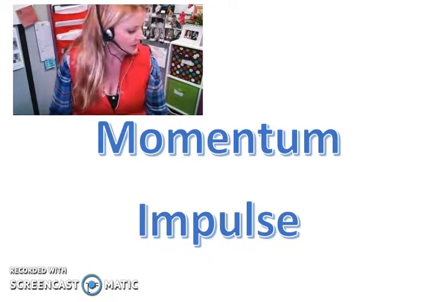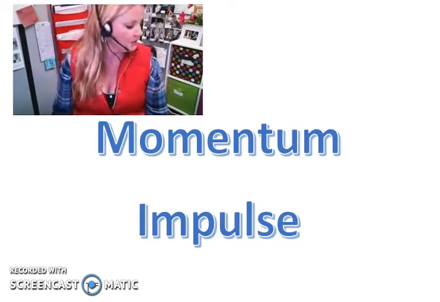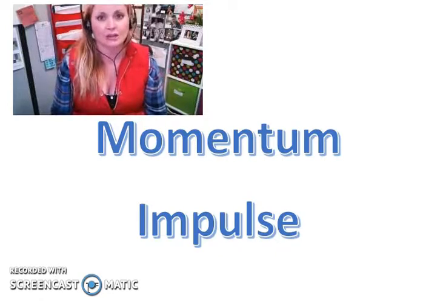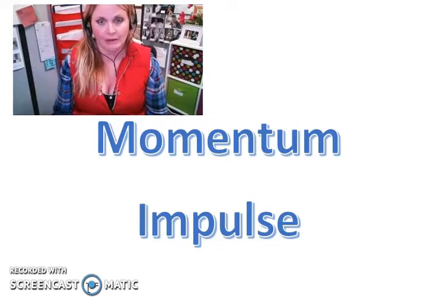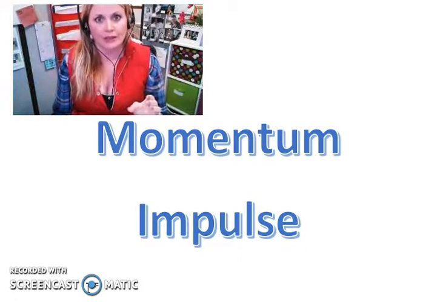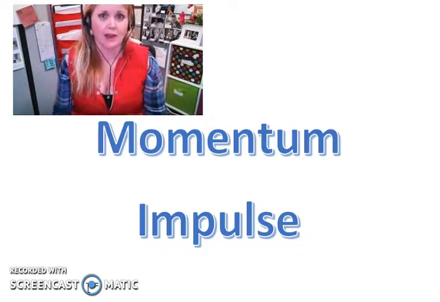So impulse is the time interval multiplied times the force, which gives us a change in momentum. Okay, so how quickly or slowly that force is applied affects the change in momentum of an object.